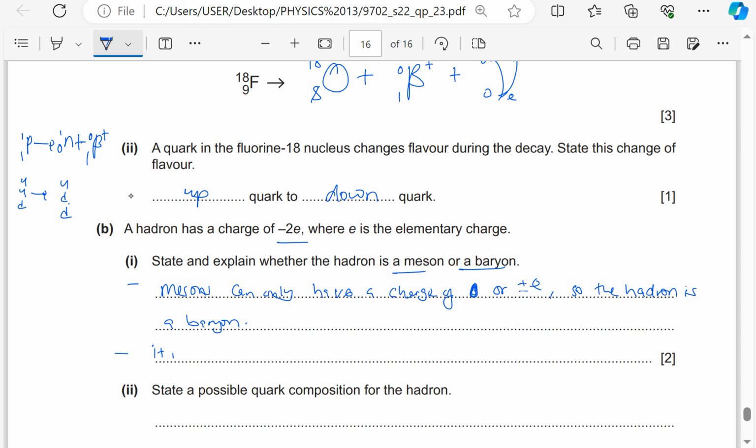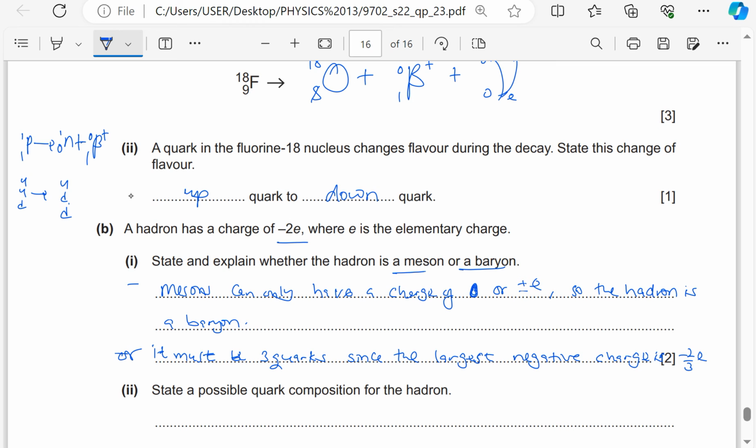as the largest negative charge of a single quark is minus 2 over 3e.